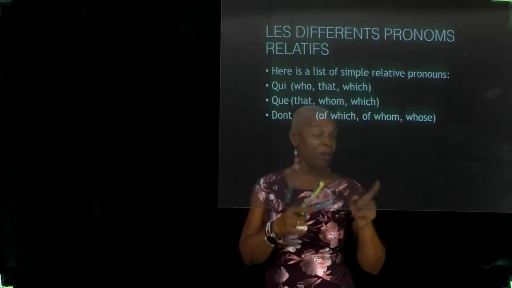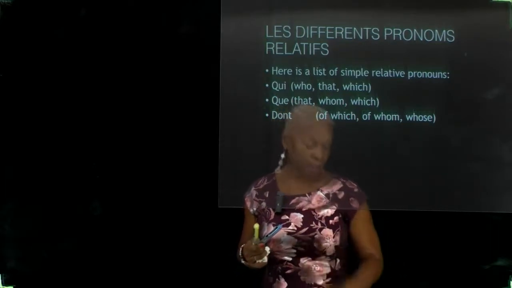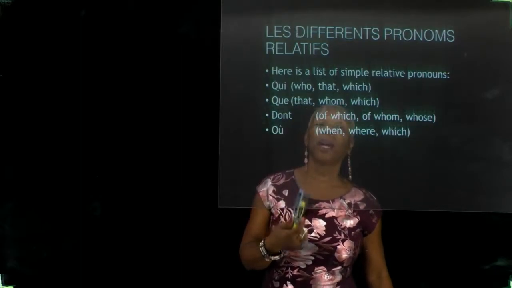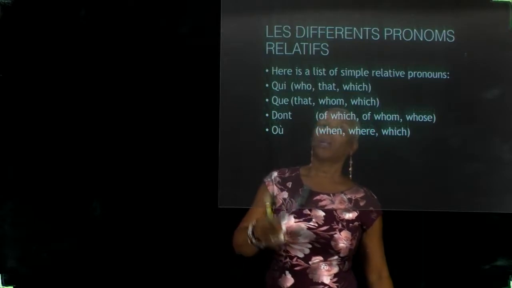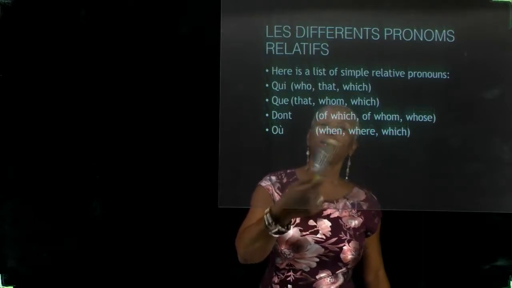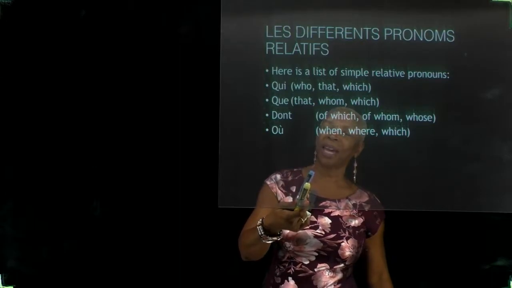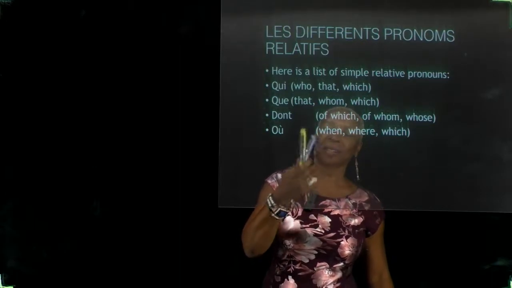These are the verbs that are going to need to be replaced by dont. Keep that in mind. Où means when, where, which. So when it comes to a location, a place, or a time, okay? Remember when, so you're going to use où as your relative pronoun.